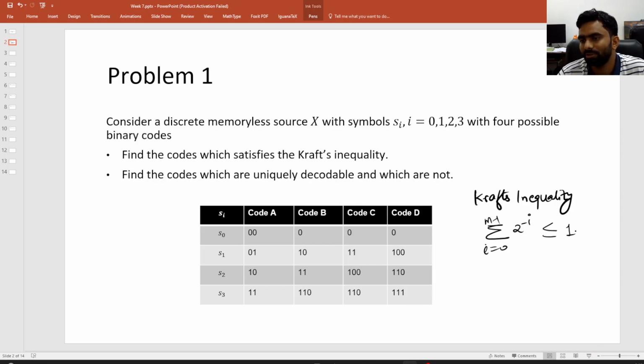When we sum them, it should be less than or equal to 1.